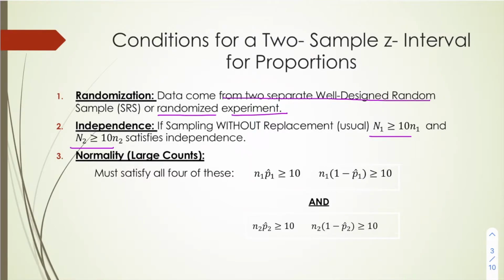Sometimes with experiments, you don't have to check those if it tells you that the subjects were randomly placed, because usually one subject has no effect on the way a drug works or whatever you're studying works on another subject. So that is another way that you can test independence. Then the normality counts, again, are the same as they have been. You have to test all four of those normality or large counts.